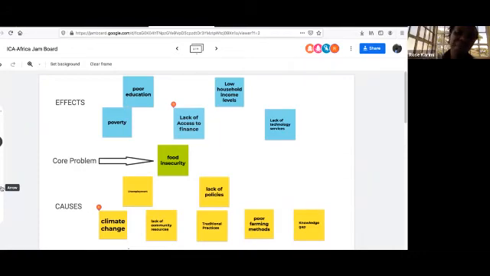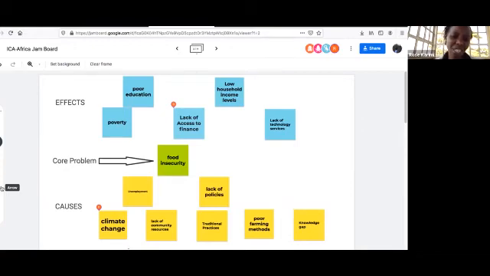When it comes to the causes, what are the means to achieve that food security? We shall have proper policies in place. Instead of traditional practices, climate smart or modern farming practices. The knowledge gap, then we need to provide knowledge, or technical expertise. We need to have community services.